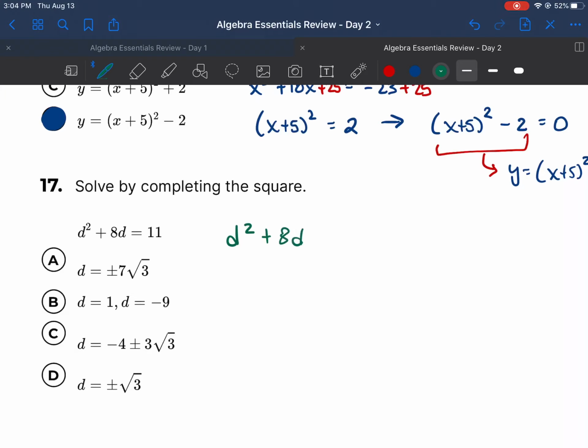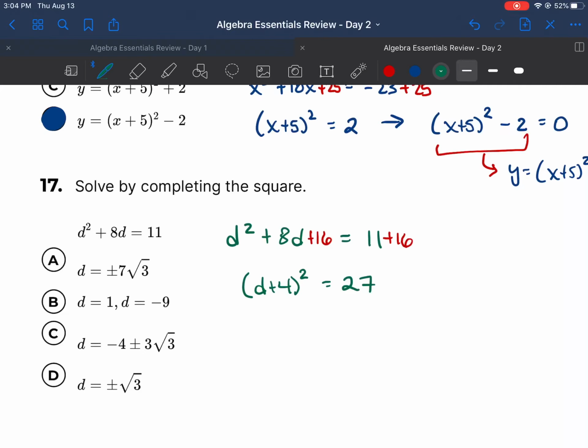So now we need to think to ourselves, what could I add to both sides to make the left side a perfect square trinomial? Well, half of 8 is 4, and 4 squared is 16. So let's go ahead and add 16 to both sides. Rewriting the left side as a binomial to the second power, we would have d plus 4 to the second power equals 27.